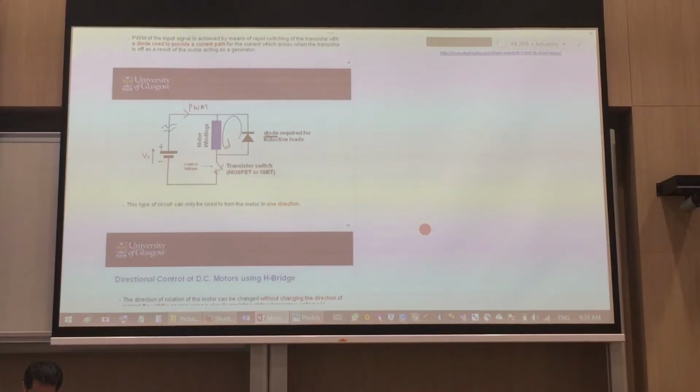So you can see that this kind of motor configuration with a diode. So normally we need to put a diode over here. This is necessary to prolong the life of the motor under a PWM signal.